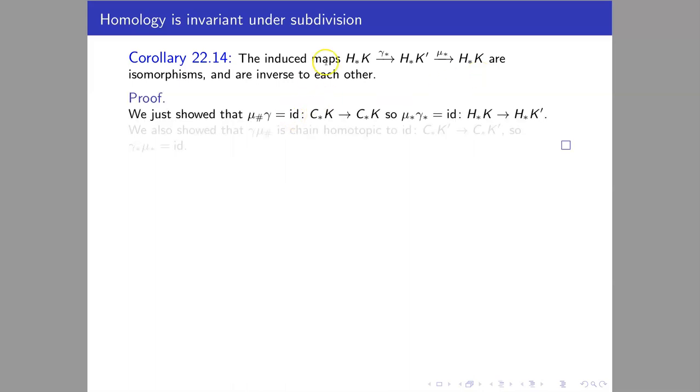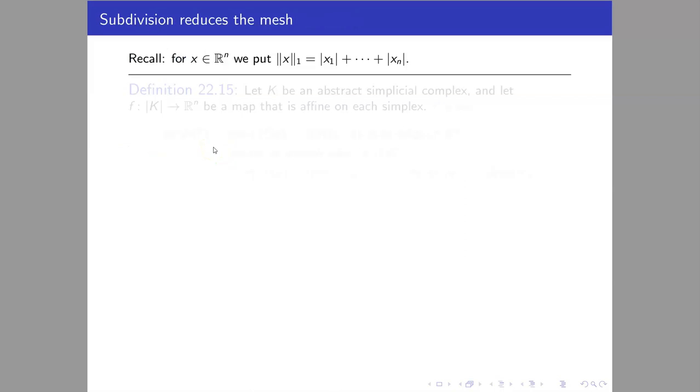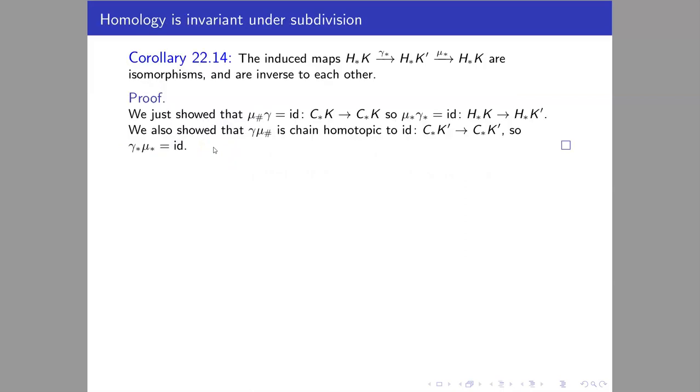So to prove that, firstly we proved that mu hash gamma is just equal to the identity, and because homology is a functor, that means that mu star gamma star is equal to the identity, from the homology of K to the homology of K. And similarly, gamma mu hash is chain homotopic to the identity, and chain homotopic maps have the same effect in homology by a fact that we proved a while ago. So gamma star mu star is the identity. So that proves that homology is invariant under subdivision.